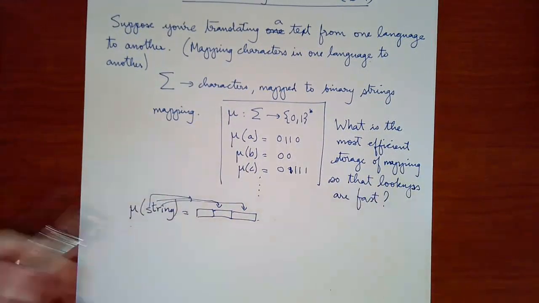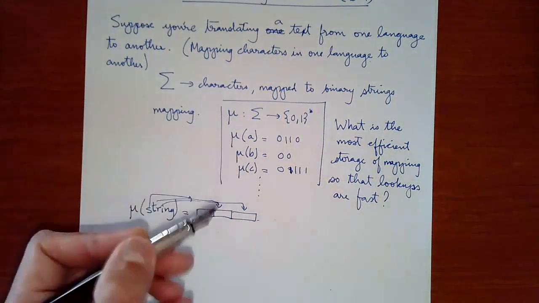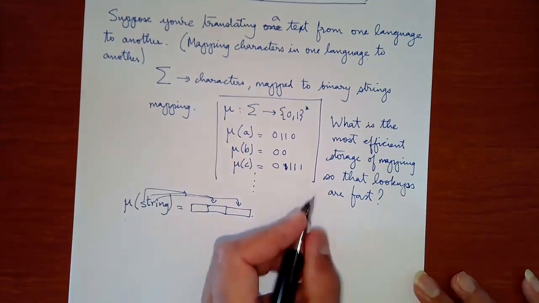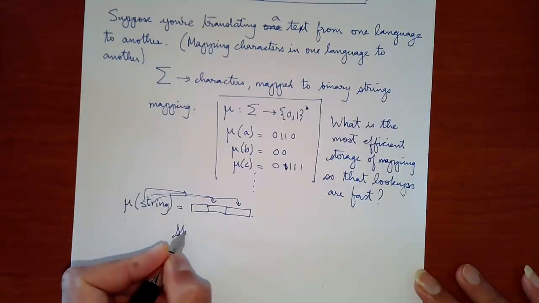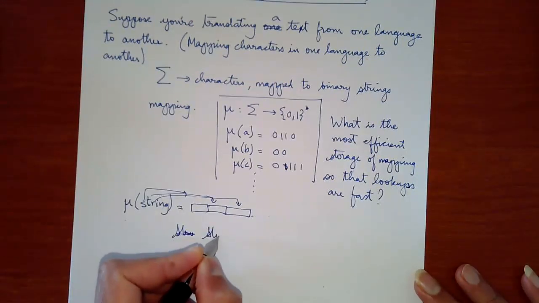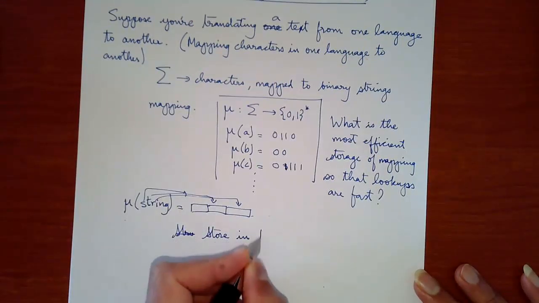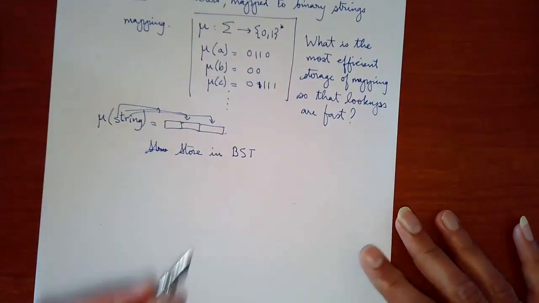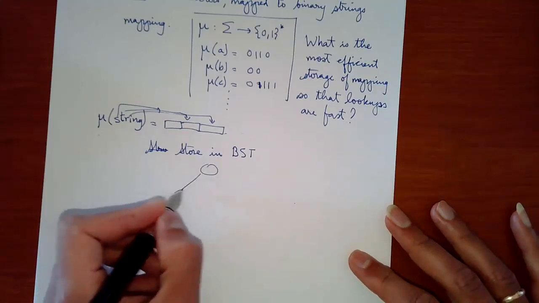Does that make sense? When you see a character S, you have to go and look up the matching. You could store this in a binary search tree. So you store it in a binary search tree, right? You could have some binary search tree.